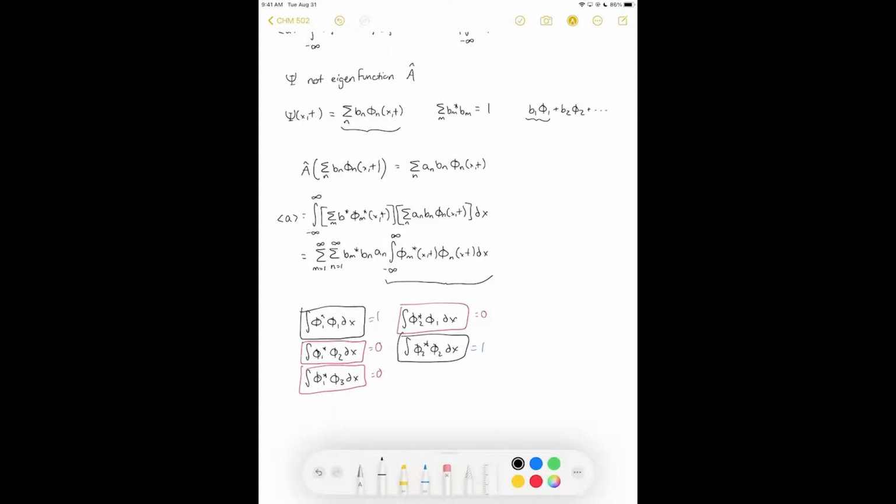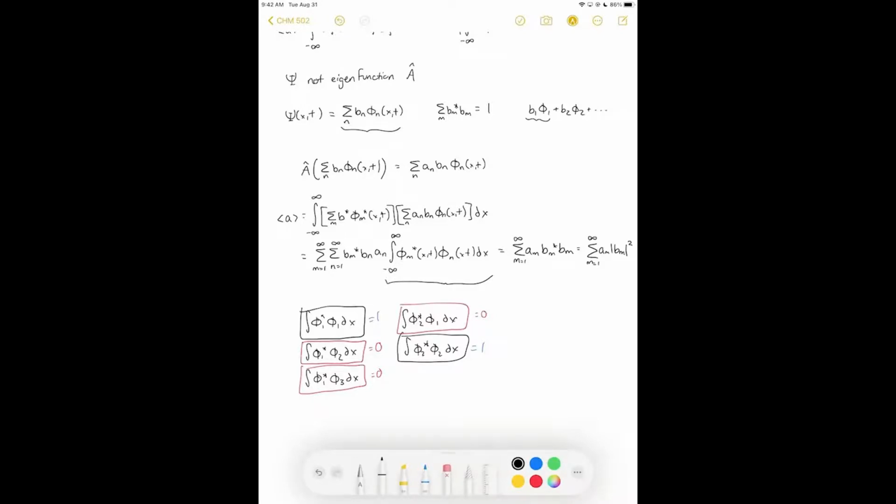So the expectation value is the sum from m equals 1 to infinity of a_m b_m star b_m, because the indices are the same and the integral equals 1. Recognizing that b_m star b_m is the square of the magnitude of this constant b_m, this is our expectation value.